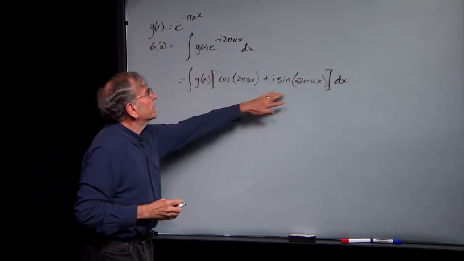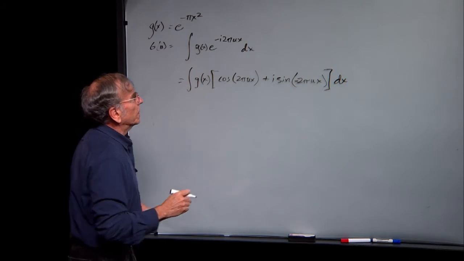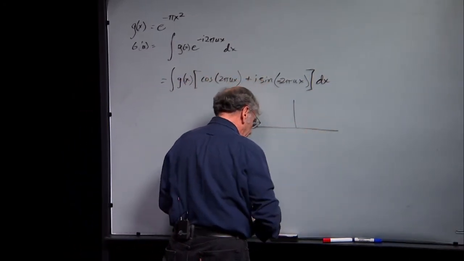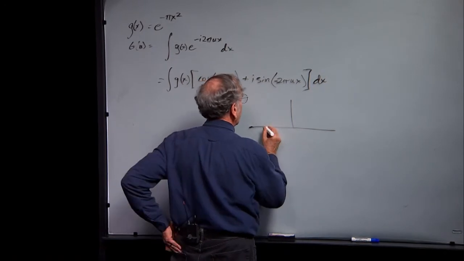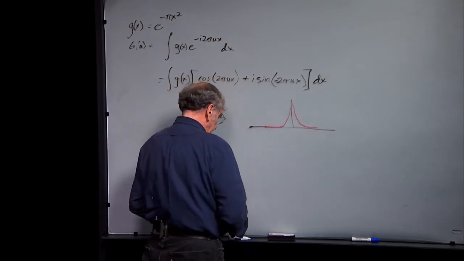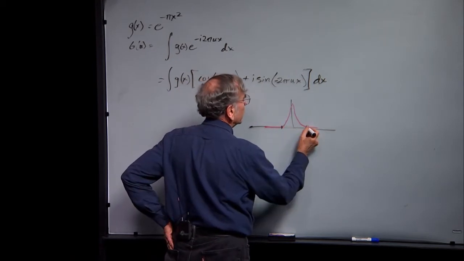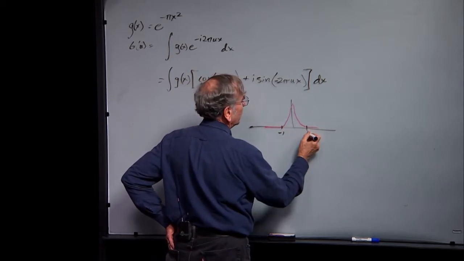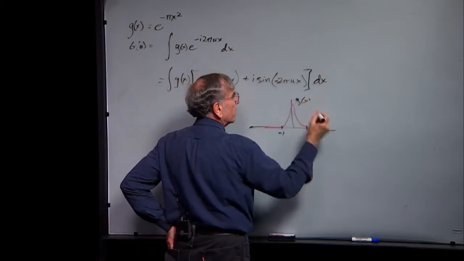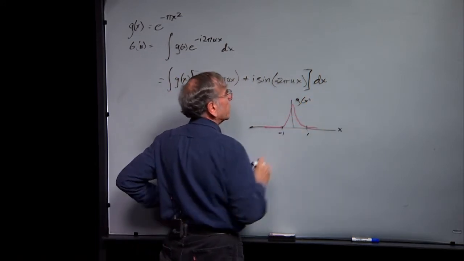So what does this integrand look like? Well, here's my original function, g of x. It's this Gaussian function. It goes to 0 around between -1 and 1. So this is g of x as a function of x.